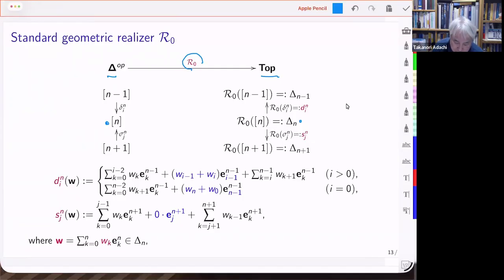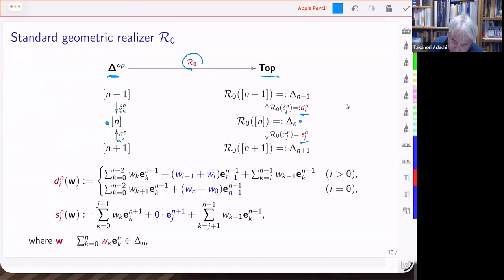More concretely, all arrows in the simplex category are represented as compositions of the little delta and little sigma, so all we need to define is the corresponding maps of delta and sigma, which we call D and S.